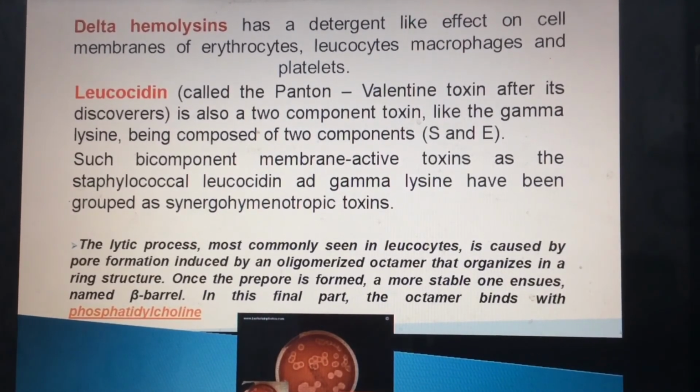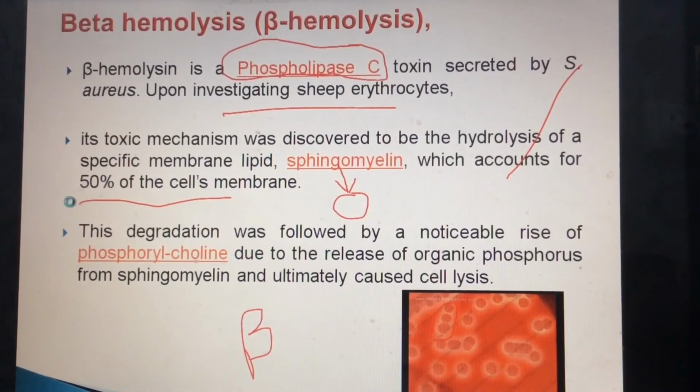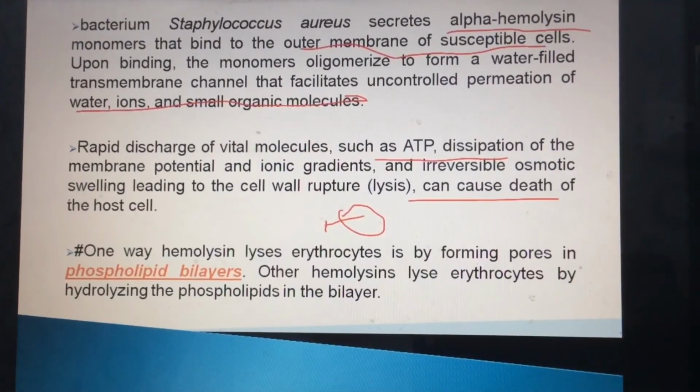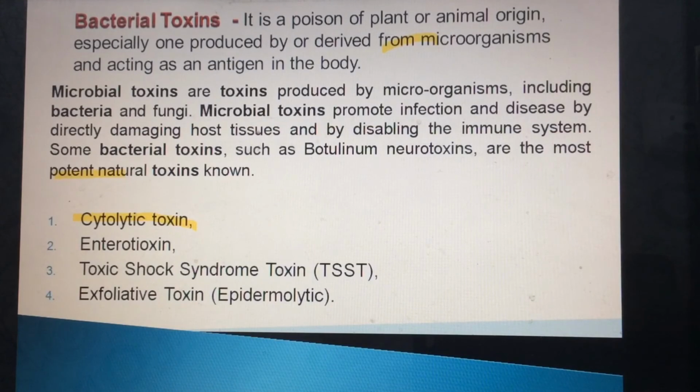So this is the first step of how this type of hemolysis occurs in bacterial cells, how they cause host pathogen damage. This is one of the steps we will discuss here, the cytolytic toxins, and in a later section we will go for the enterotoxins, toxic shock syndrome toxins, and exfoliative toxin molecules.